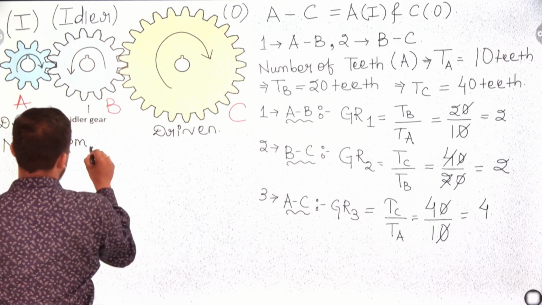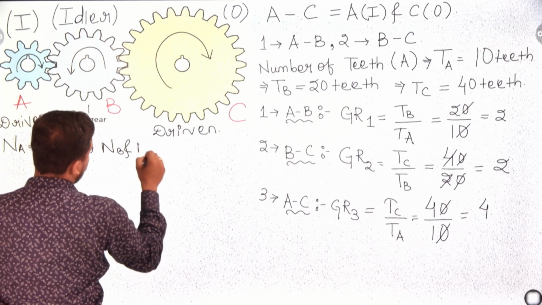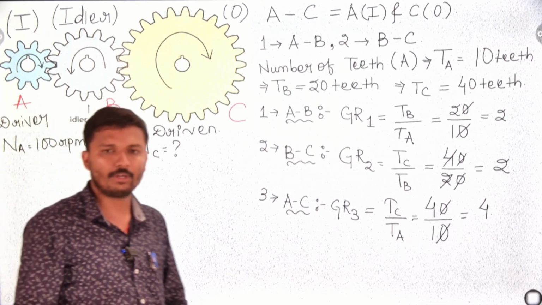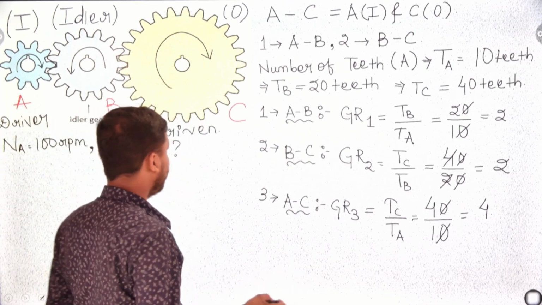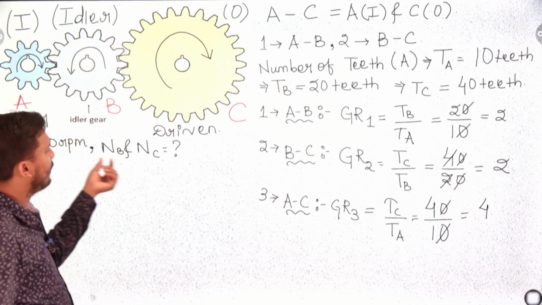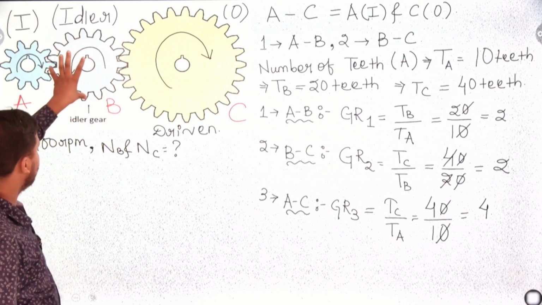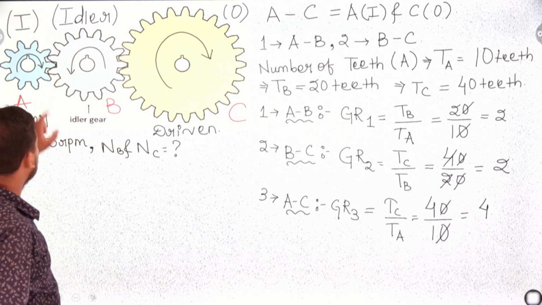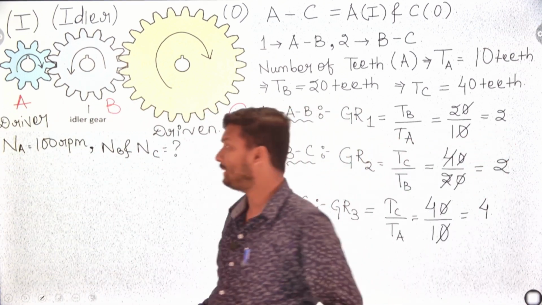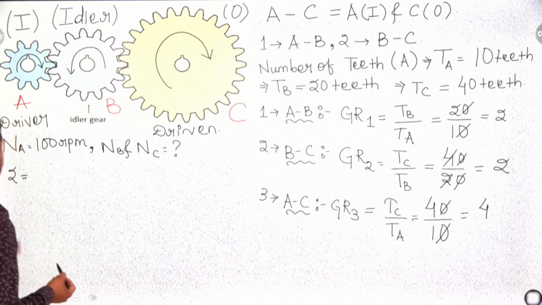That means how do we get NB and NC speeds? By means of the gear ratio formula. If you want to find NB, the speed of this B idle gear, take the first gear ratio AB, which is 2.